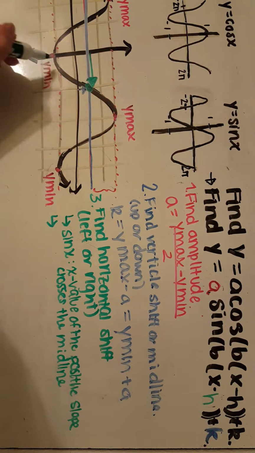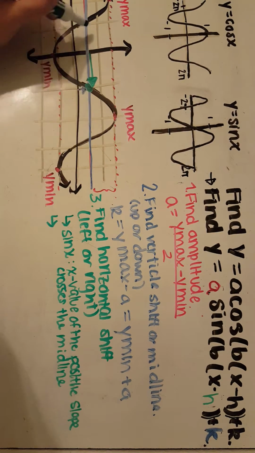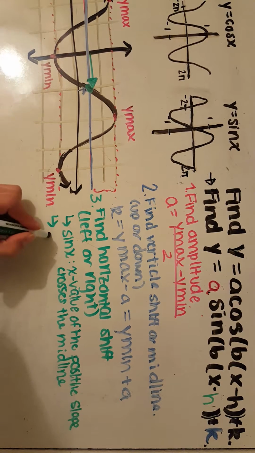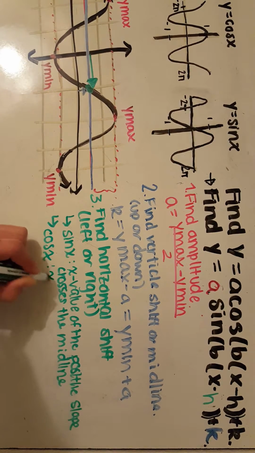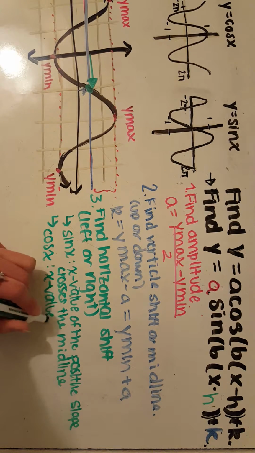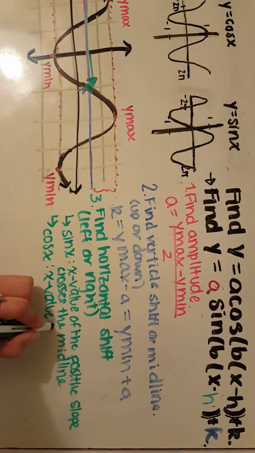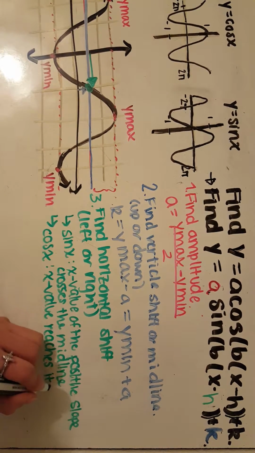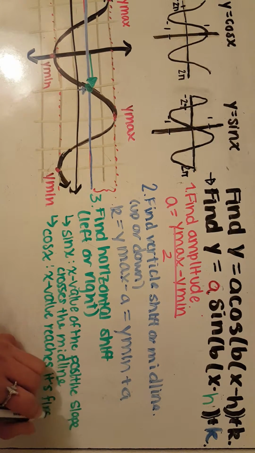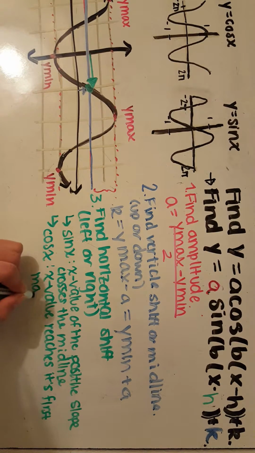And we saw that here. There's a positive slope, and this is where it hits that midline. So for cosine x, it's where the x value reaches its first maximum.